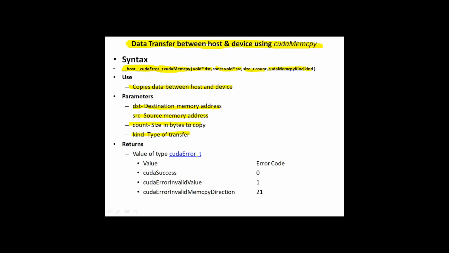Now the return type is cudaError_t. It is an enumeration type, and it can have any of these three values. The first value is cudaSuccess, which means the transfer was successful. If it returns 0, it means there is no error. cudaSuccess is its literal name, and the error code is 0, right?